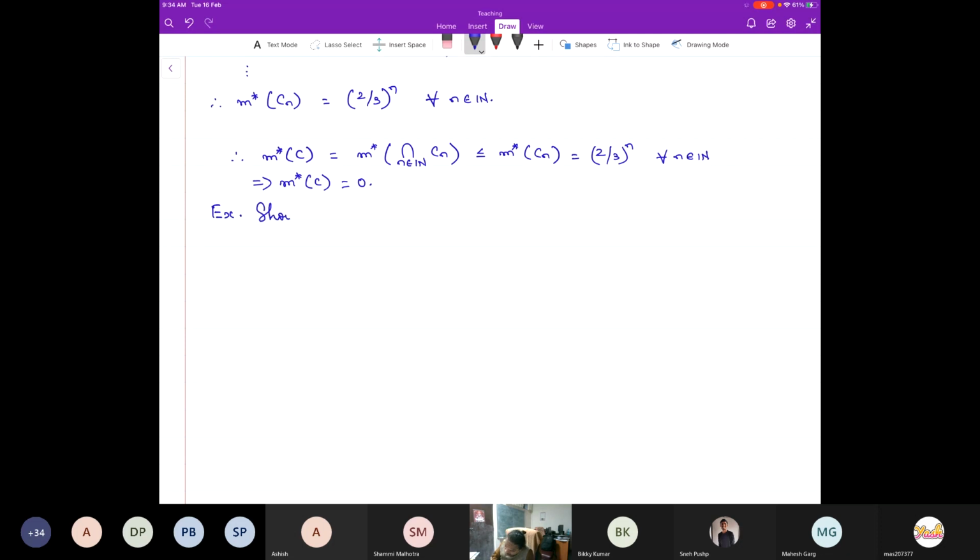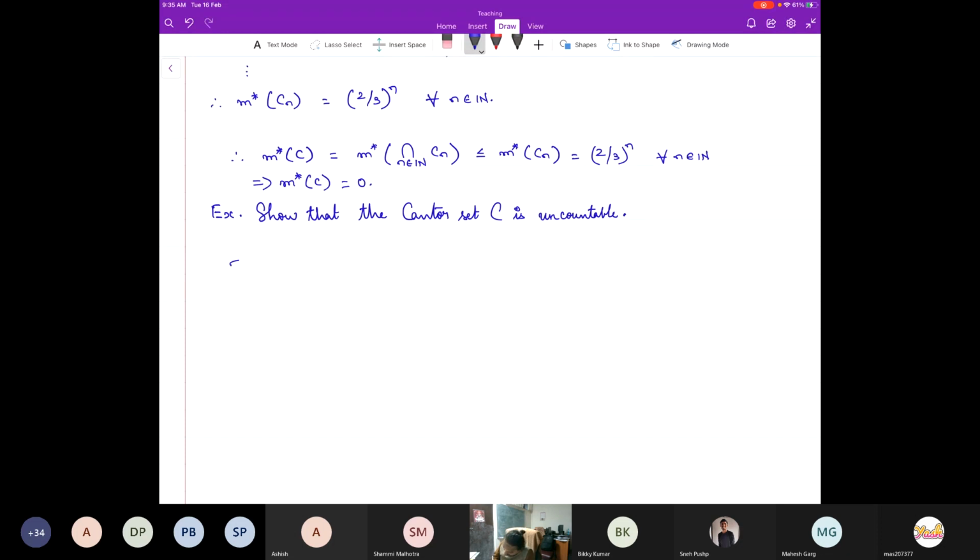Show that the Cantor set C is uncountable. Right. So you have an uncountable set.